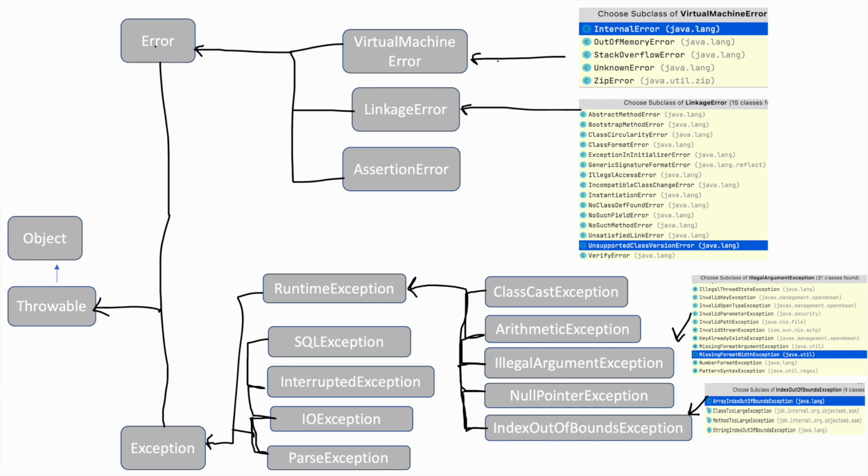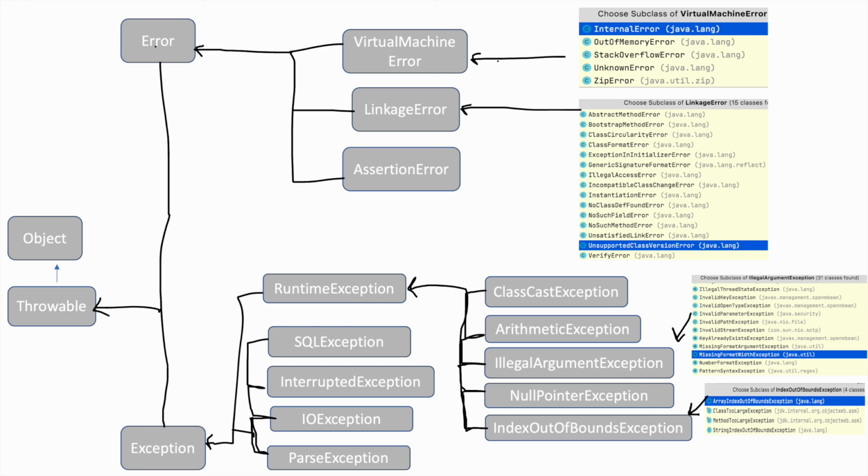Next, InterruptedException. InterruptedException occurs when we use Object.wait, Thread.sleep, Thread.interrupt, Thread.interrupted. When we use these methods, at that time we will get this InterruptedException. IOException. In Java there are 110 subclasses for IOException.